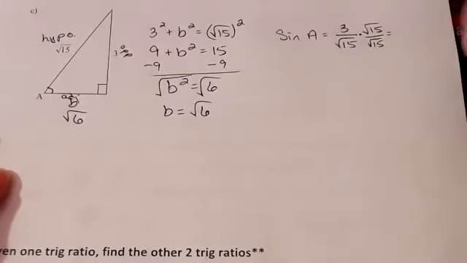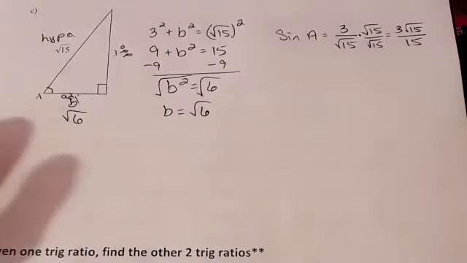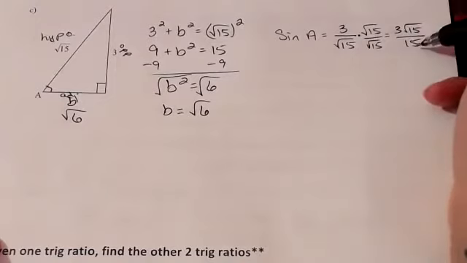And we have 3 square roots of 15 over 15. But what do you notice? 3 square roots of 15 over 15, what can we do? Would you leave your answer like this or no? You can reduce it. You can reduce that 3 and the 15.